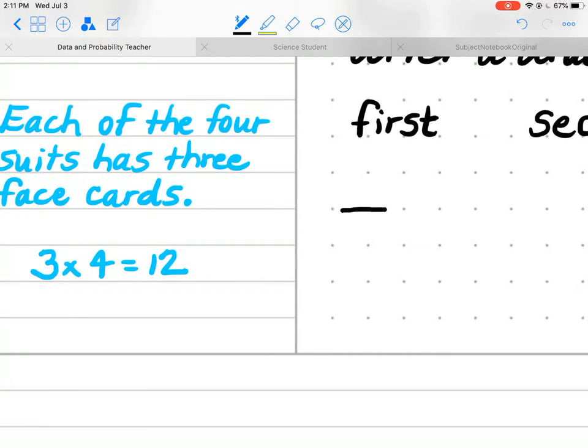We know that in the deck there are 52 cards. And we know that on that first draw, when all the cards are still in there, 12 of them are faces, because of this right here. So the first draw, my probability is 12 out of 52.